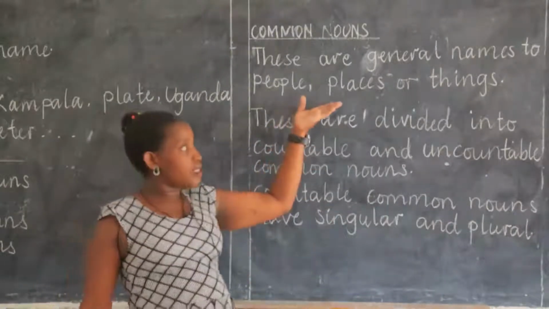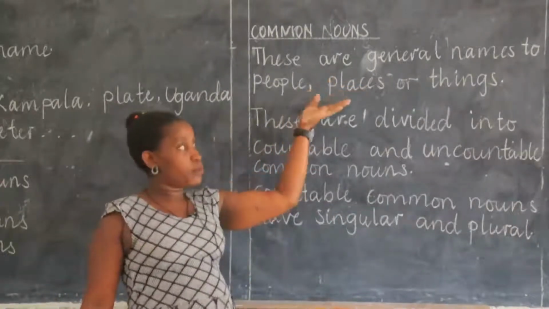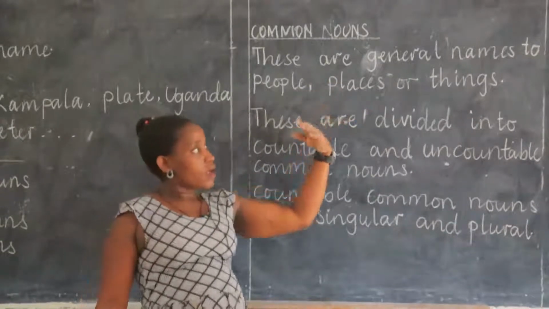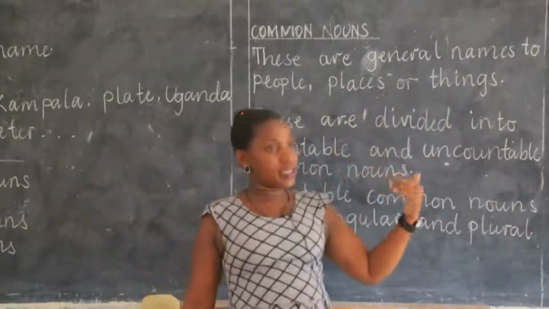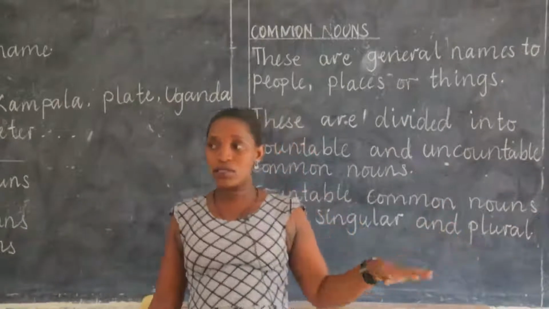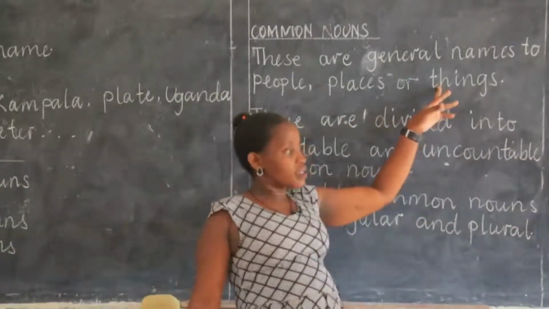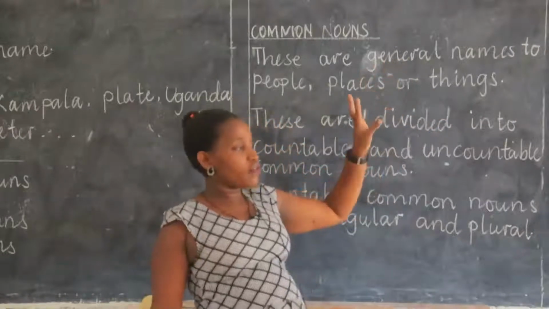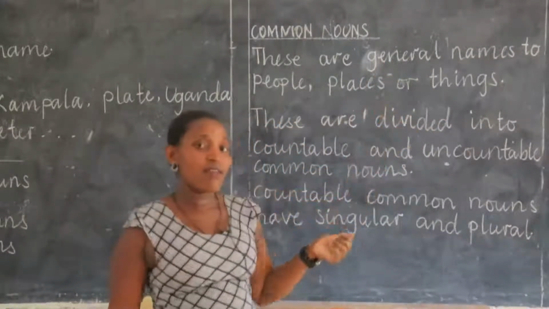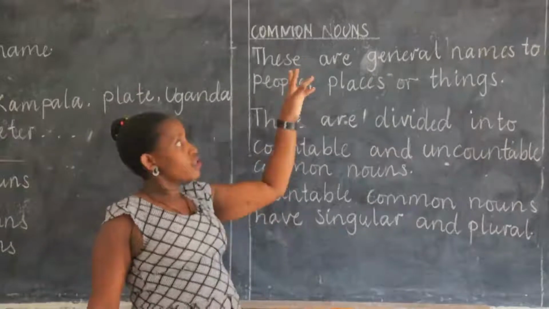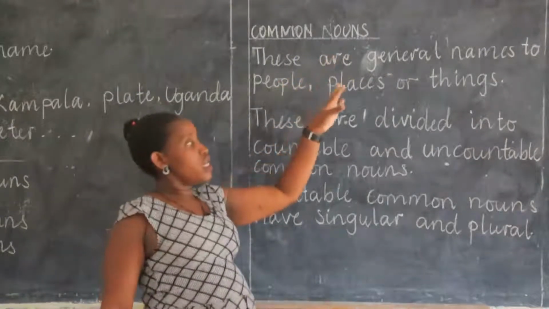Those are places now. General names, those are places. When we say things, we say desks, tables, cups, plates. Those are things now. They are general names. We have not specified, but we have just given the general name. Those are what we call common nouns.